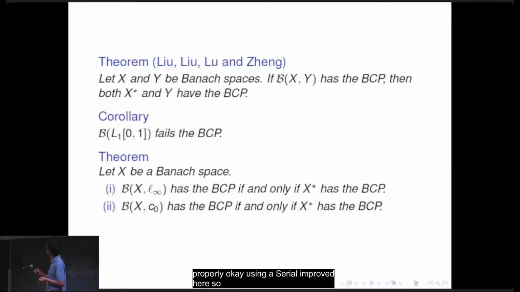Let X and Y be Banach spaces. If B(X, Y) has the ball covering property, then both X star and Y have the ball covering property. But you see here, the dual of L1 is L infinity, and L infinity fails the ball covering property. So this is a corollary of the theorem here.